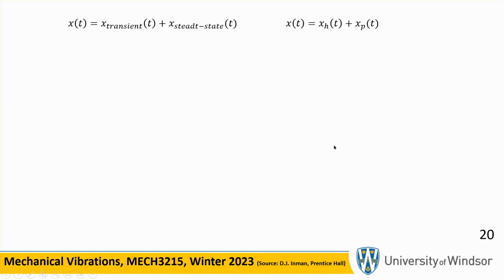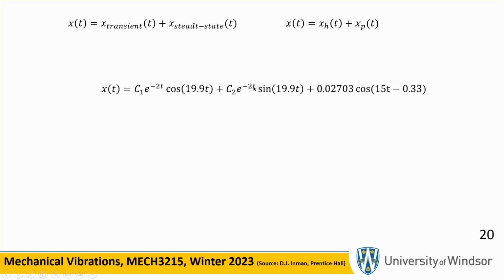Okay. So let me remind you, we now have to find the constants for initial condition. Remember the two ways of doing it. One is to say C1 times e to the minus xi omega n t cosine of omega d t plus C2, same exponential, sine of omega d t, plus the thing that we just got in the previous transparency, which was big X times cosine of 15t minus 0.33.